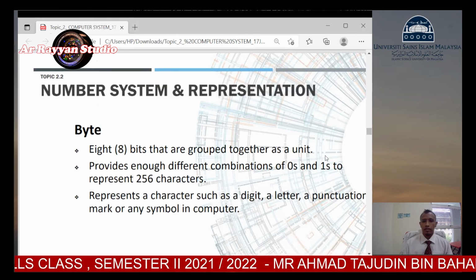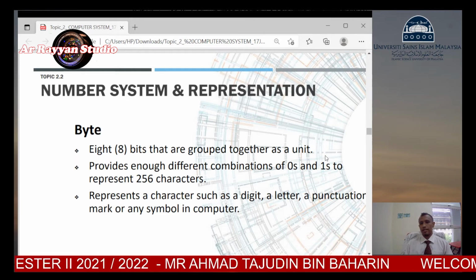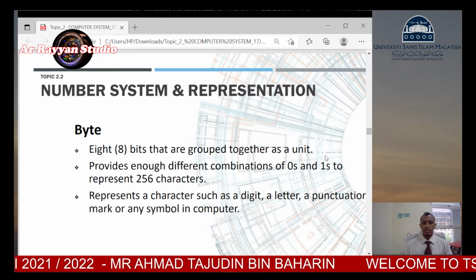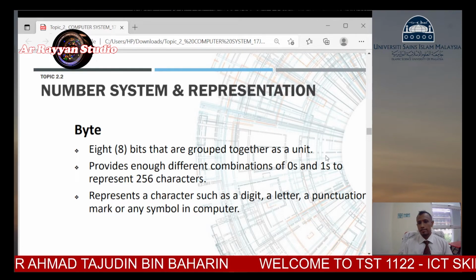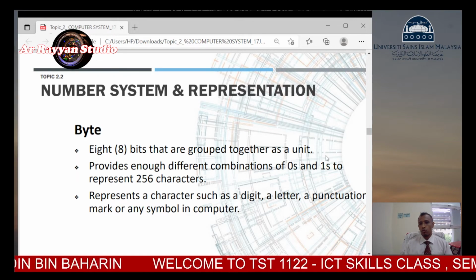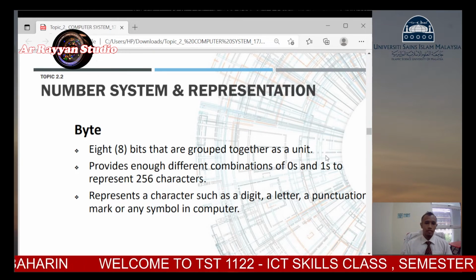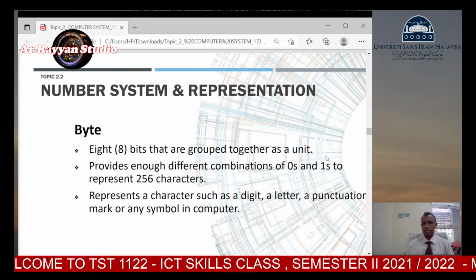Okay, so next is byte. Alright, 8 bits that are grouped together. As a group together, we call it as a unit. It provides enough different combinations of 0 and 1 to represent 256 characters.